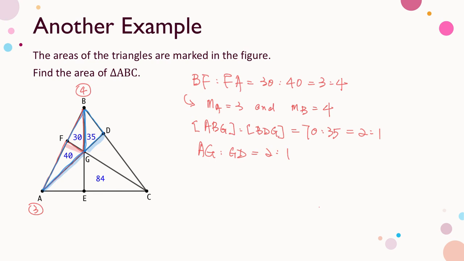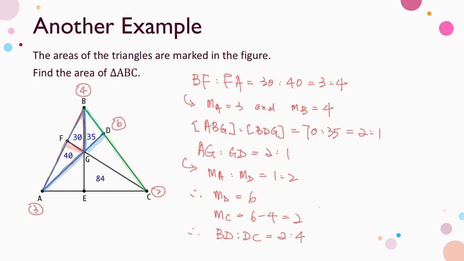That is, MA to MD is 1 to 2. Since the mass of A is 3, then the mass of D is 6. Consider the side BDC. The mass of C equals 6 minus 4, that is 2. So, BD to DC is 2 to 4, that is 1 to 2.